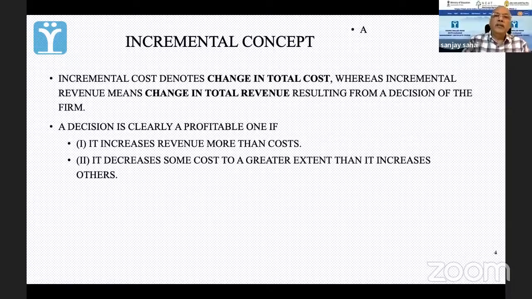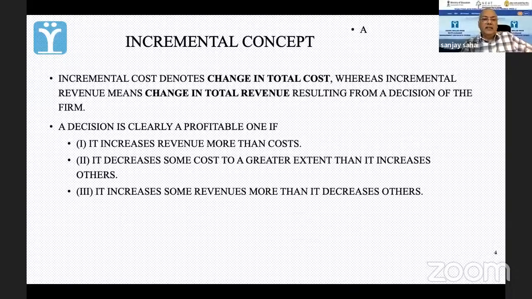So what is going to happen is, expenditure on one particular way of advertising or selling the goods is going to go down, whereas the expenditure on some other way of selling or advertising is going to go up. So if, let's say, the overall decrease in costs is more and the sales remain unaffected, then what is going to happen? Your overall profits will increase.